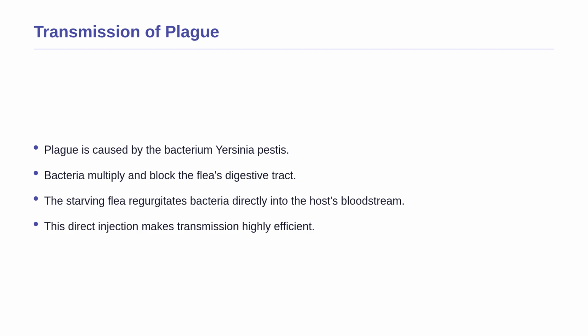The bacteria multiply so much inside the flea that they block its digestive tract. When the starving flea tries to feed on a human or animal, it ends up regurgitating the bacteria directly into the host's bloodstream. This direct injection method makes the plague incredibly efficient at spreading and highly dangerous to the infected host.